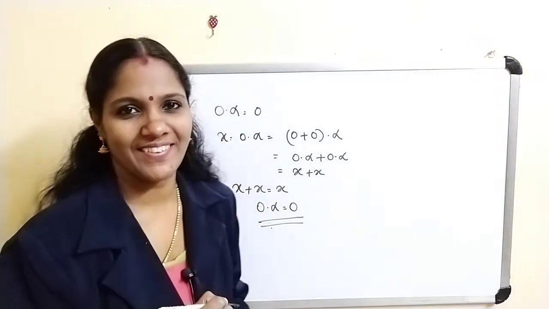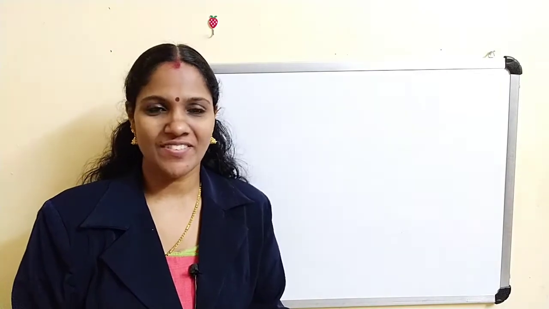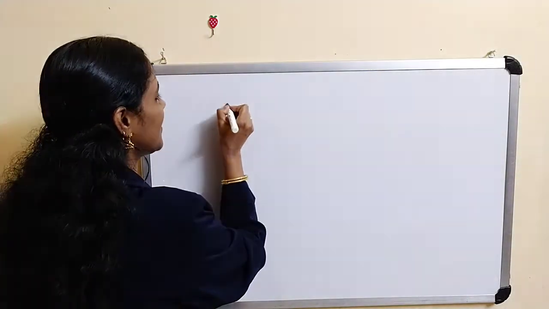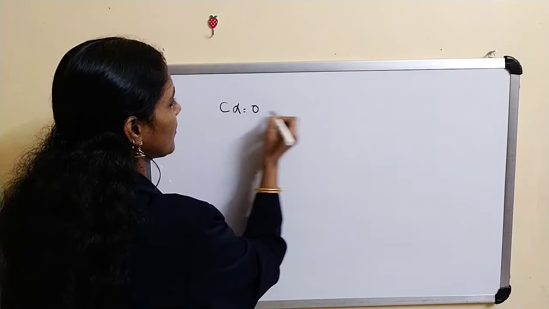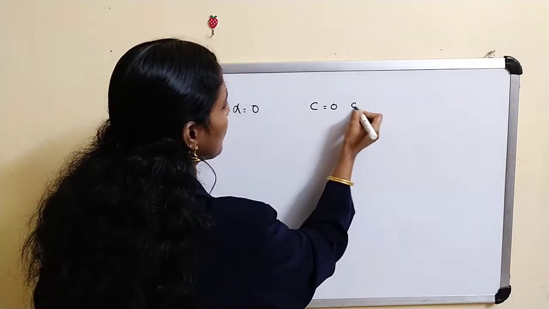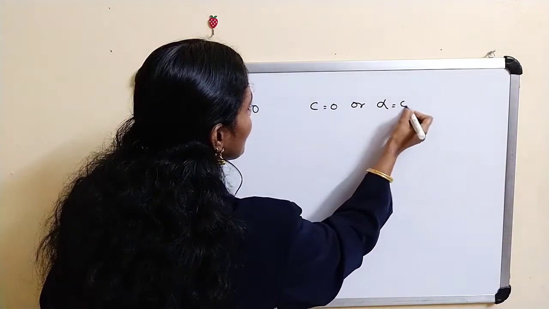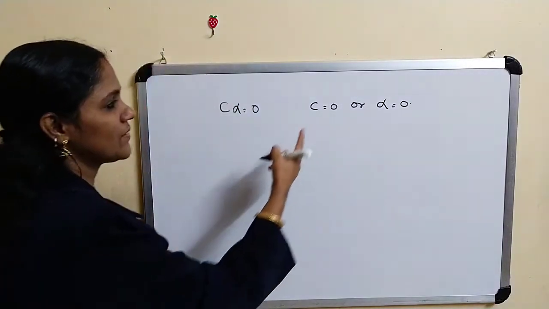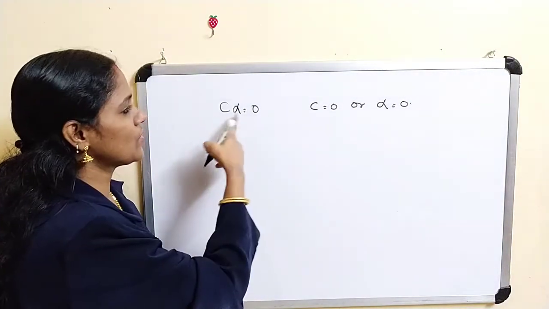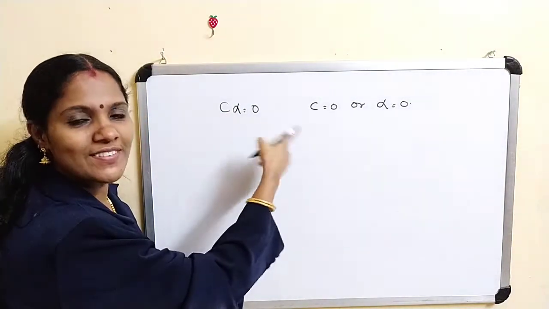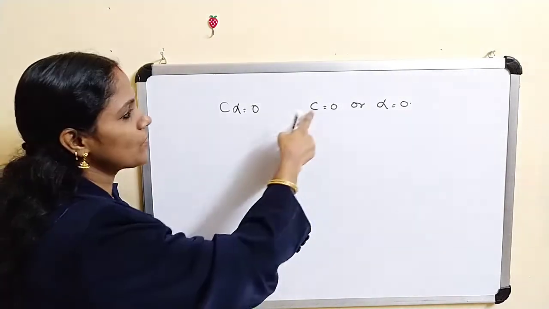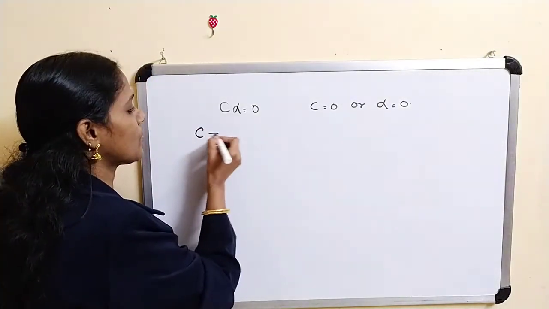Okay. Now the next property is c alpha equal to 0 implies either c equal to 0 or alpha equal to 0. Okay. Suppose c equal to 0. If c equal to 0, then clearly 0 into alpha is 0. This is a trivial case. Suppose c not equal to 0.